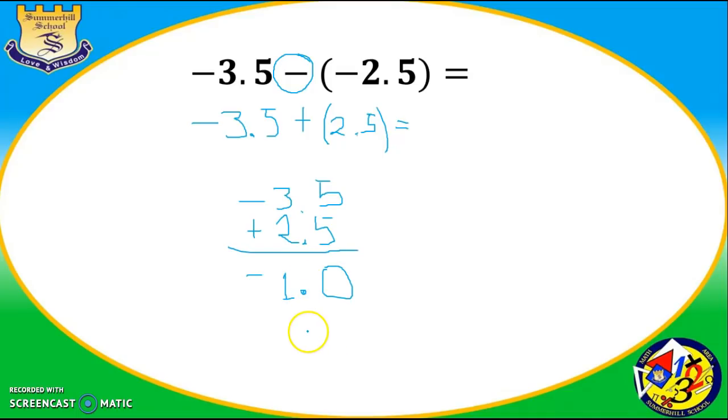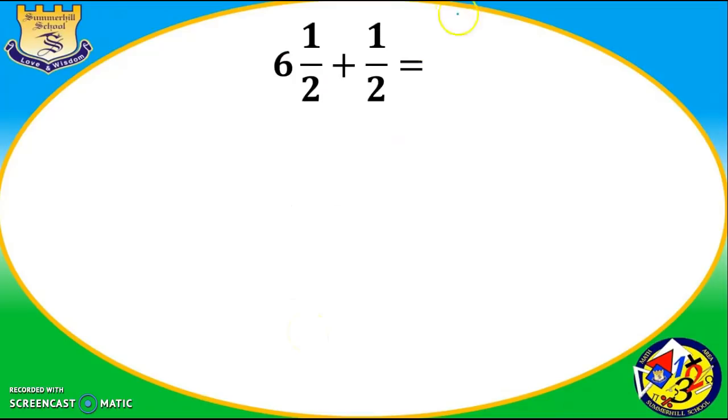Well, now here with fractions, 6 and 1/2 plus 1 and 1/2. You say that 6.5 plus 1.5, in your mind you can do it, you know that it is 7.0. But now what happened? You can also convert this fraction to an improper fraction and do the division, yes, but you know that it is better in this way.